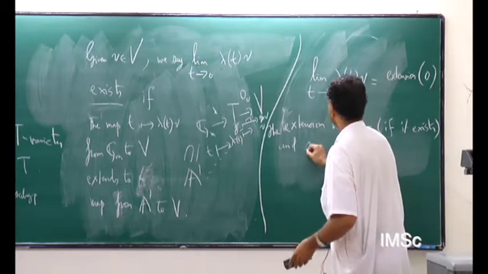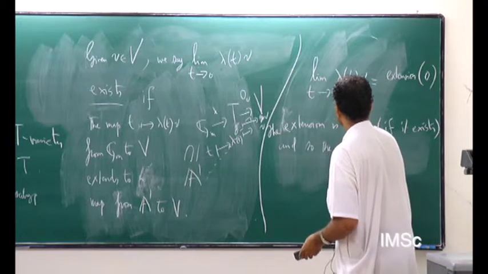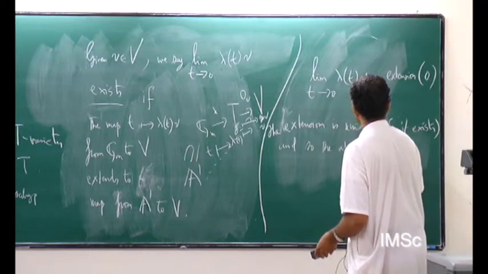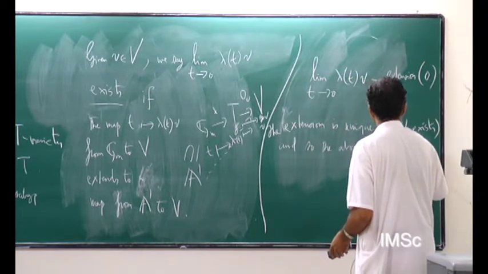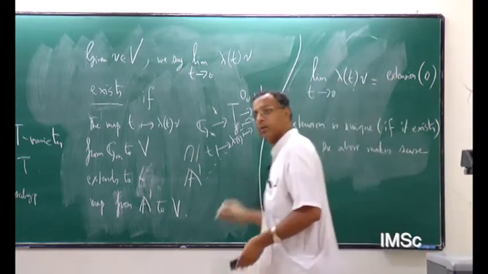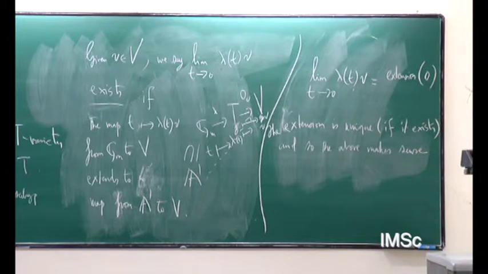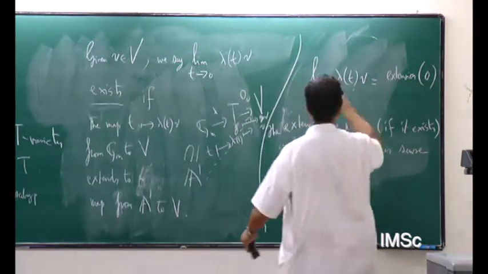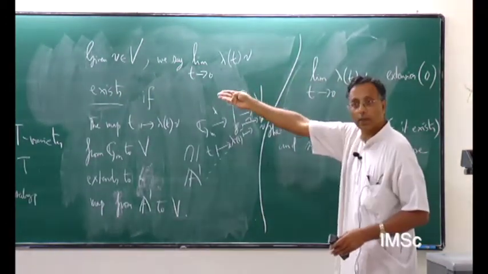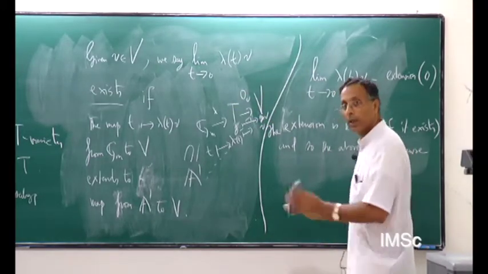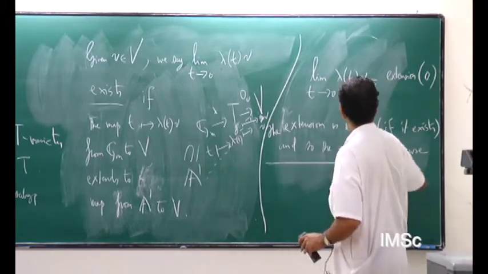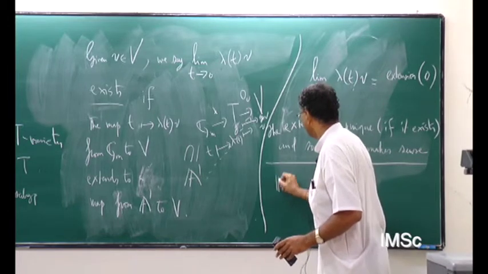And so the above makes sense. So you might just say this limit exists or this limit does not exist. Clear?